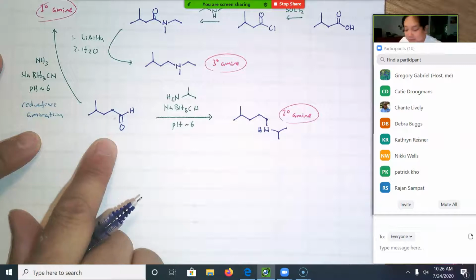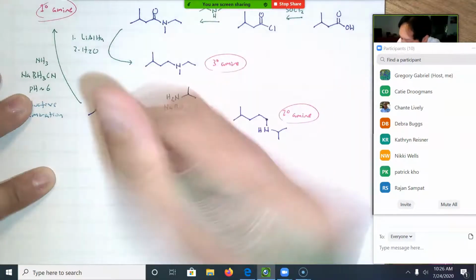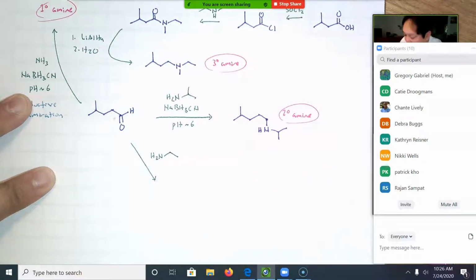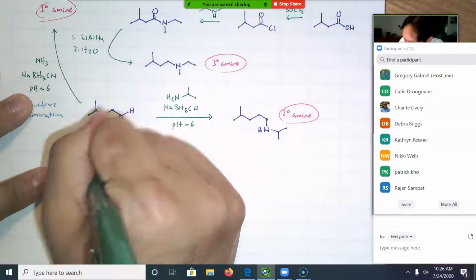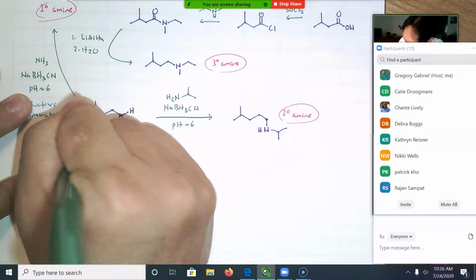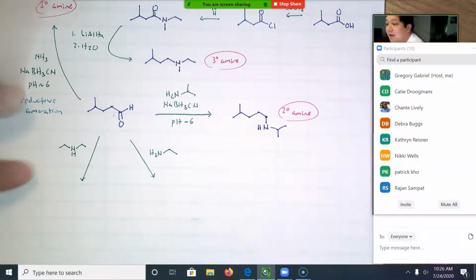Why do we use this? You could either add a primary amine, H2N, or you could add a secondary amine, diethylamine. Okay. Is there anything else?